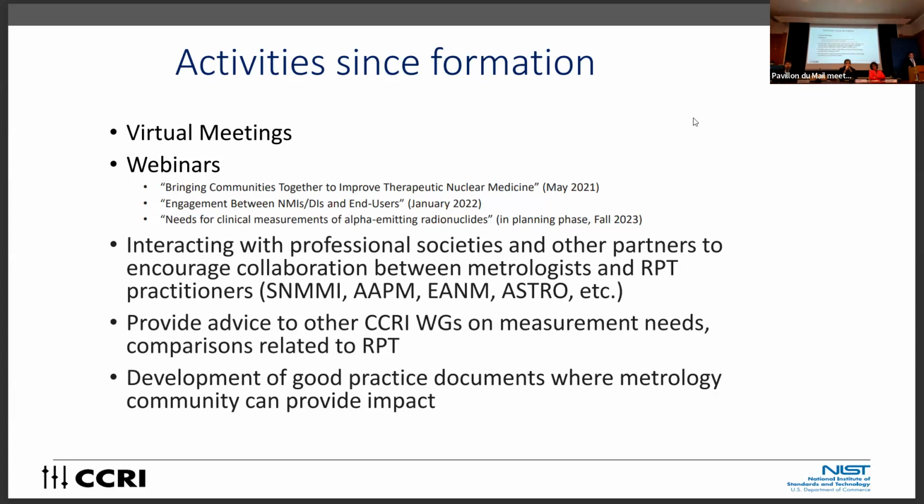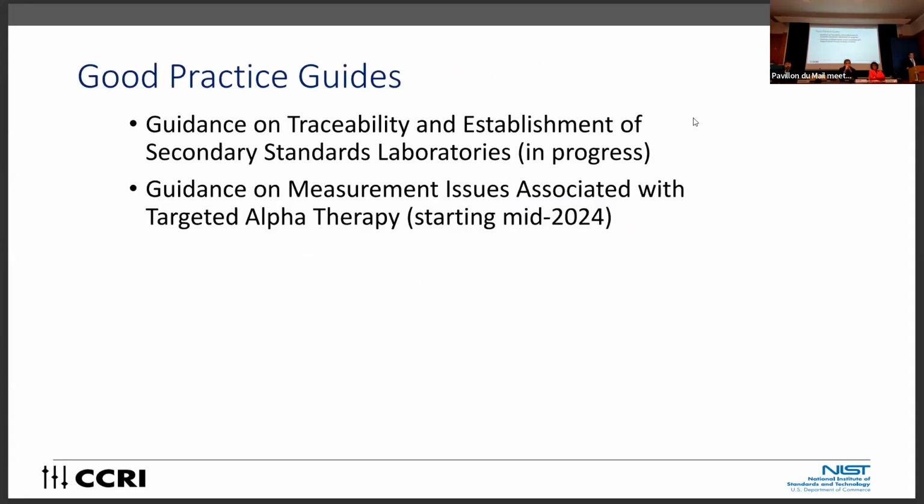We've been interacting more with the professional societies, in particular the Society of Nuclear Medicine and Molecular Imaging, the EANM, BIPM, et cetera. And the big thing right now, in addition to planning this workshop, has been the good practice documents. The first one is guidance on traceability and establishment of secondary standards laboratories that we started about 8 months ago.